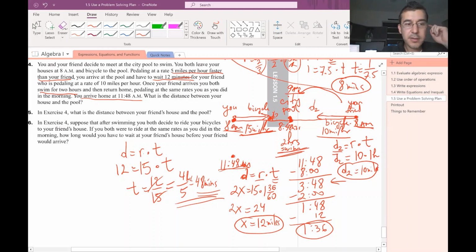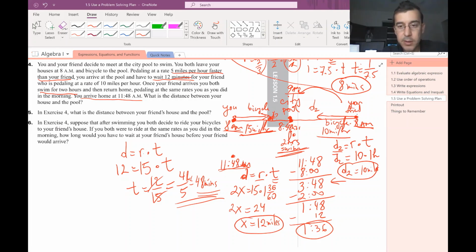Number 6. In exercise 4, suppose that after swimming, you both decide to ride your bicycles to your friend's house. Okay, so right here, after you're done swimming, you both decide to ride your bicycles to your friend's house. If you both were to ride at the same rates as you did in the morning, how long would you have to wait at your friend's house before your friend would arrive?